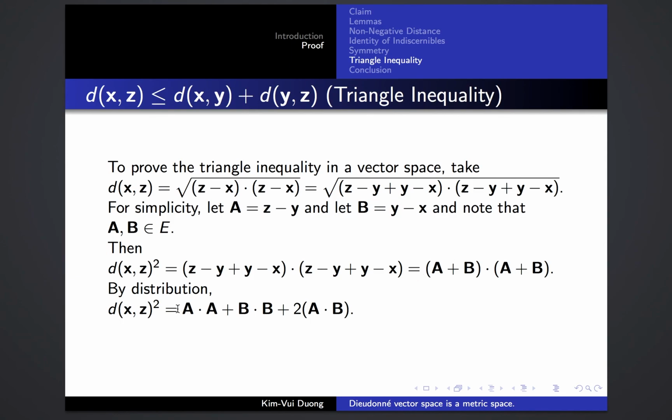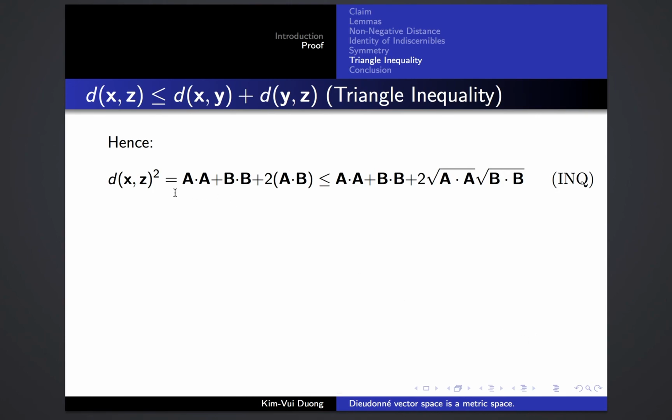So you're left with A dot A plus B dot B plus 2A dot B. By the Cauchy-Schwarz inequality, you can actually note that this A dot B is less than or equal to the magnitude of A times the magnitude of B. So if you make an inequality, the distance squared, which is equal to this, is going to be less than or equal to this, because we know that A dot B is less than or equal to the magnitude of A times the magnitude of B. And let's call this inequality INQ.